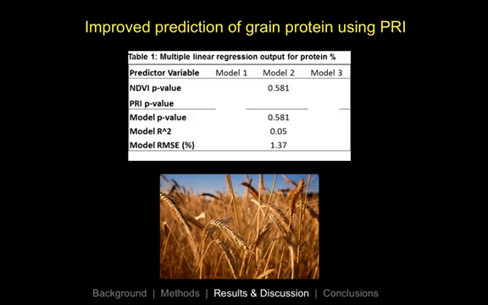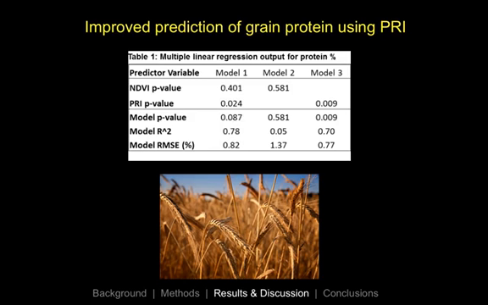So if we do a little multiple linear regression here, and we just start with a simple linear regression trying to predict protein using just NDVI, we see a low model R squared here at 0.05 and a relatively high RMSE. But if we use the PRI, so this is summed PRI throughout the season up to heading, or during the heading stage, I'm sorry, we see that PRI alone is actually able to explain 70% of the variance in the grain protein signal, which is promising.